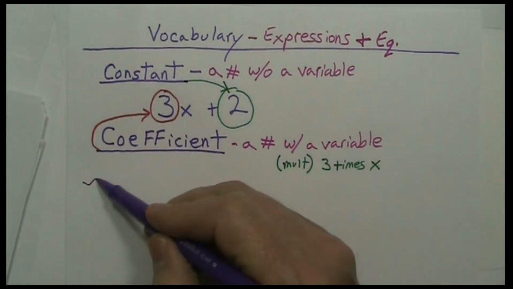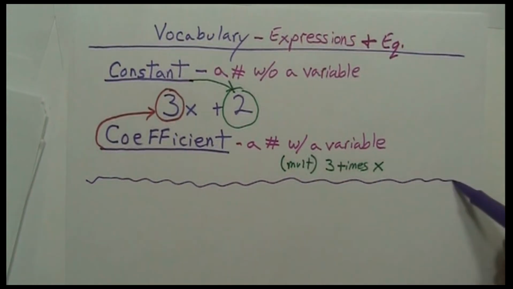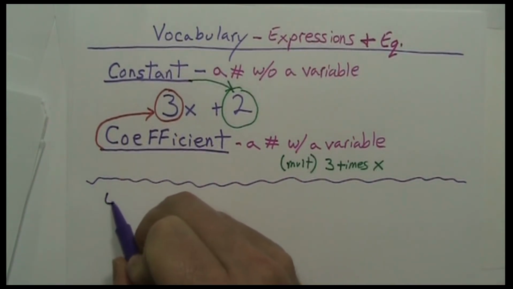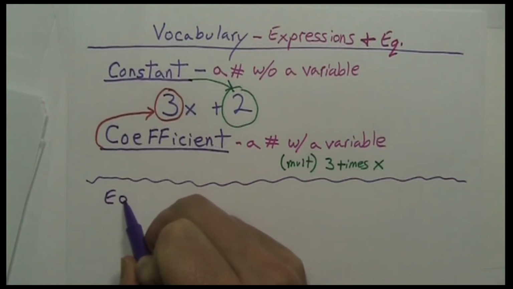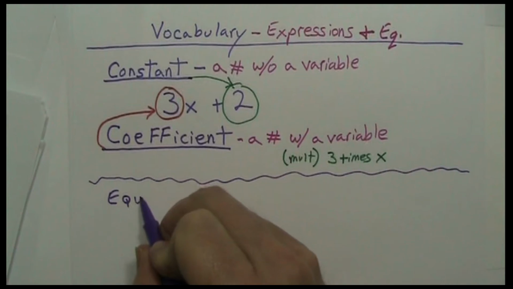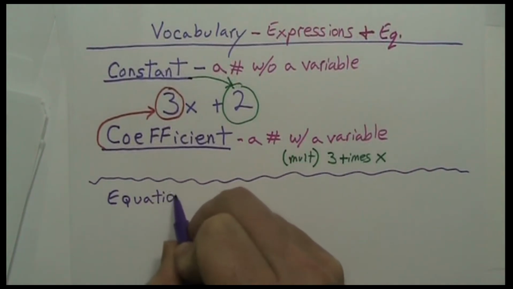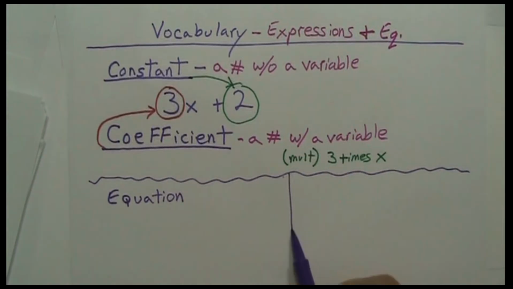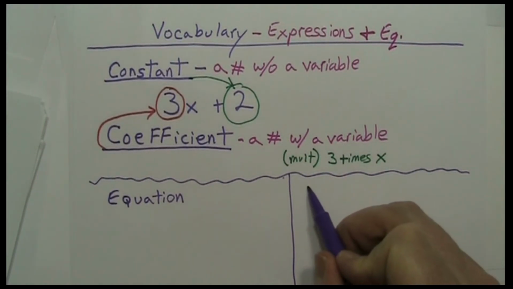Okay, I'm just gonna kind of separate this a little bit. And there's a couple of other words. We have equation. And if you want to spell it out, you can. Equation. And then over here, we have expression.